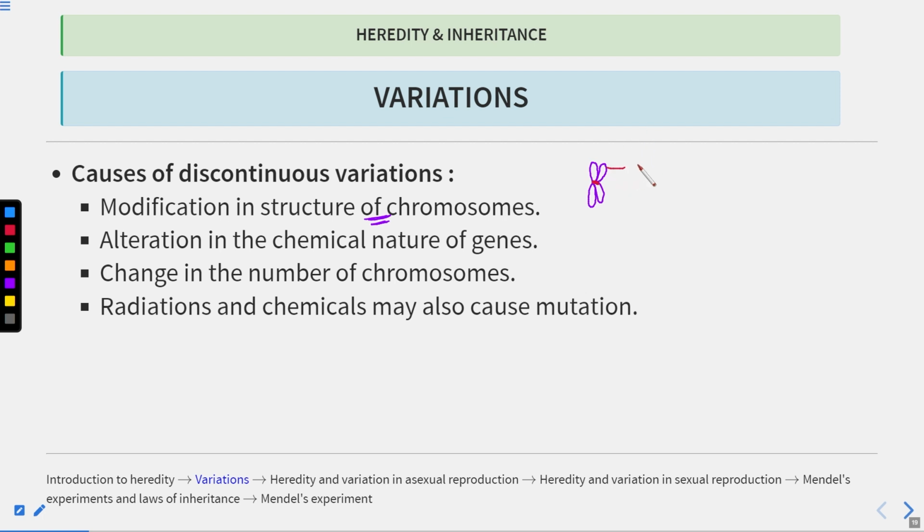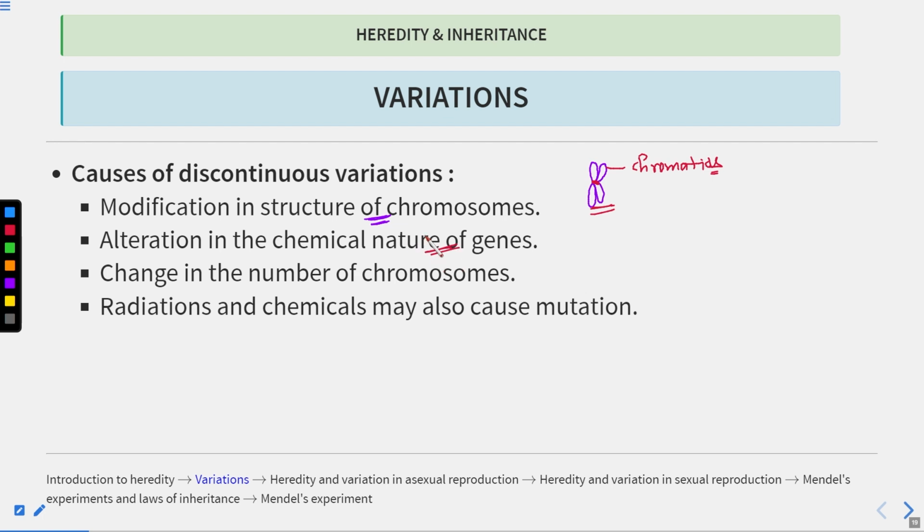So these are the chromatids. Clear? If there is a change in the structure of the chromosome, this can also lead to the discontinuous variation.